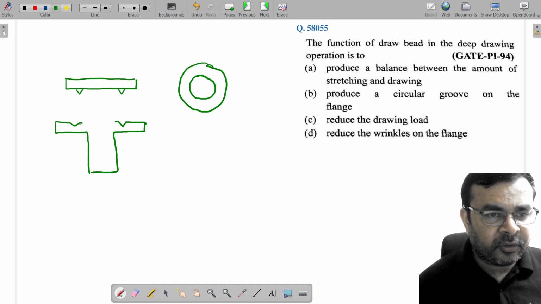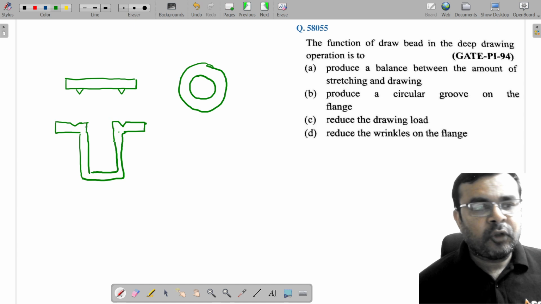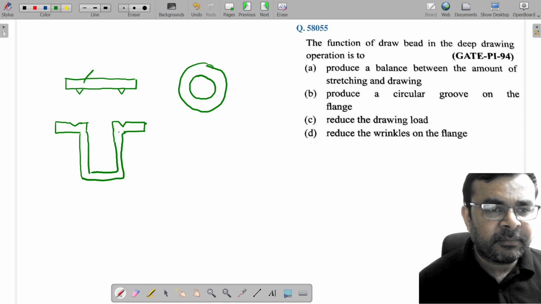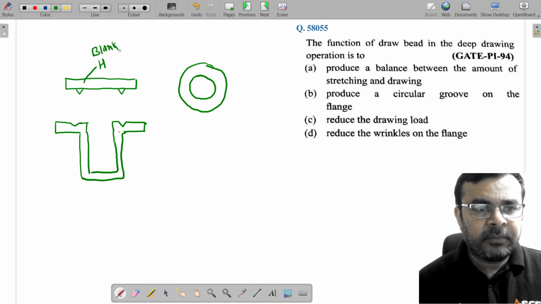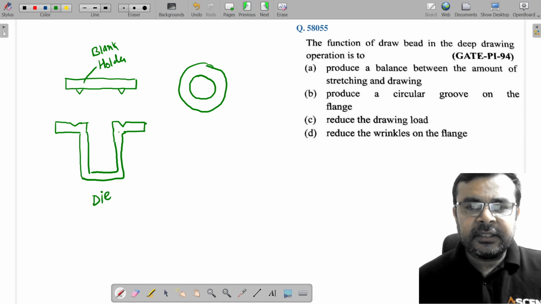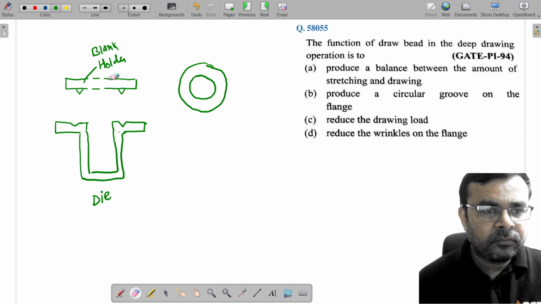We have this kind of drawing die. So this draw bead is provided on the blank holder. This is the blank holder, and this is the die. Is it clear? And obviously here we also have a groove like this.